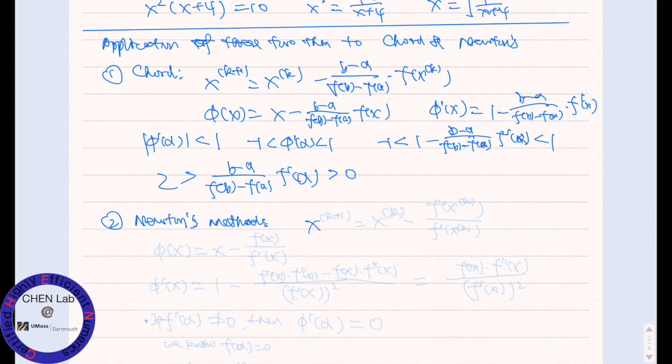So again, the Newton method is x_{k+1} equals x_k. They all have the same form. Again, we derive three of them together, right? That divided by something, we take that something to be f prime at x_k.